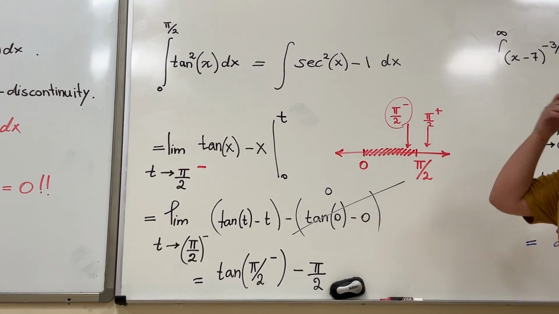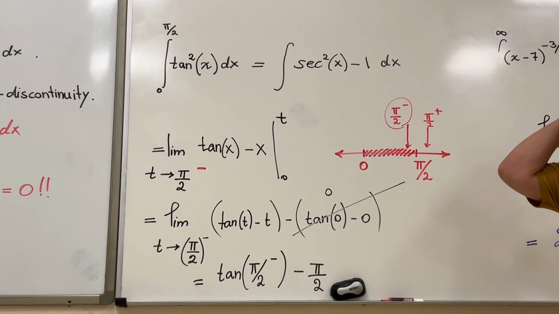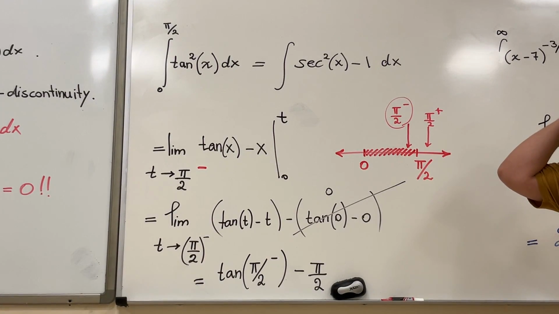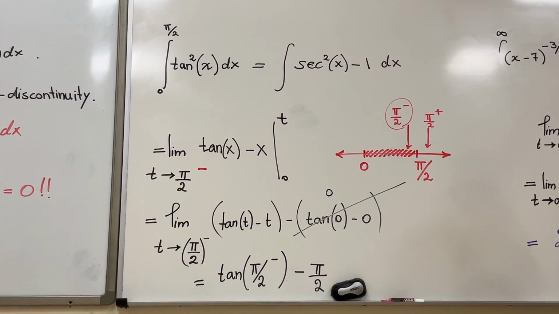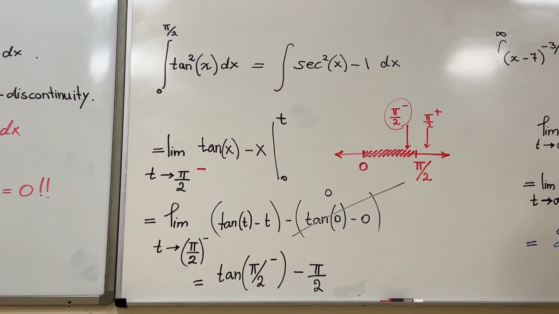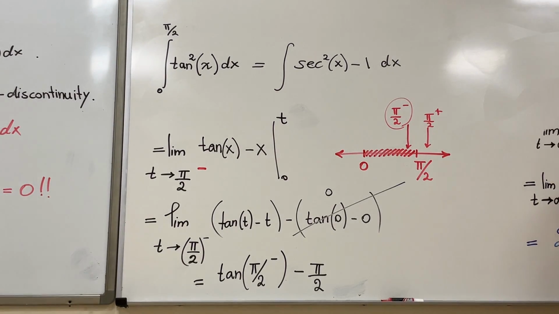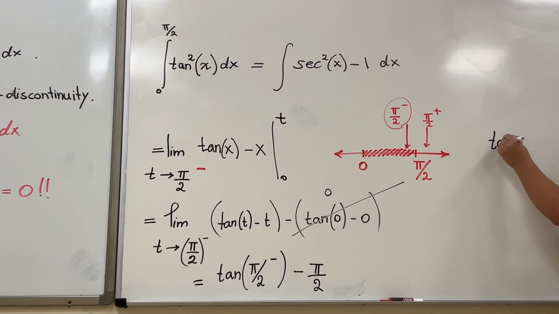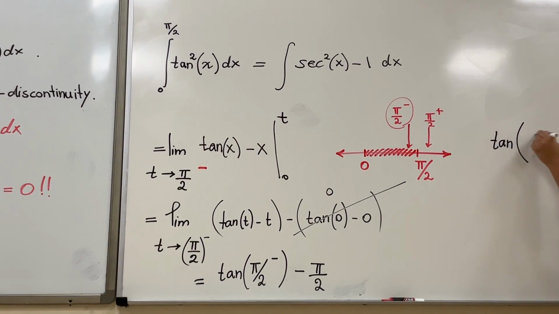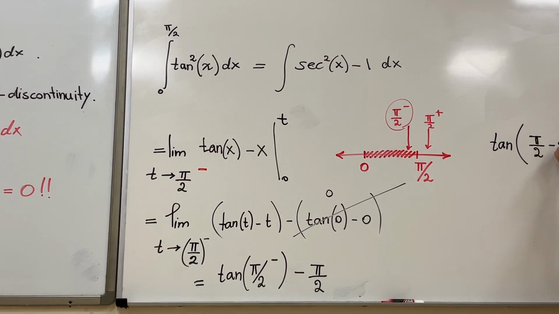What's tan of pi over 2 from the left? Use your calculator: plug tan of pi over 2 minus 0.00001. Isn't this pi over 2 from the left?